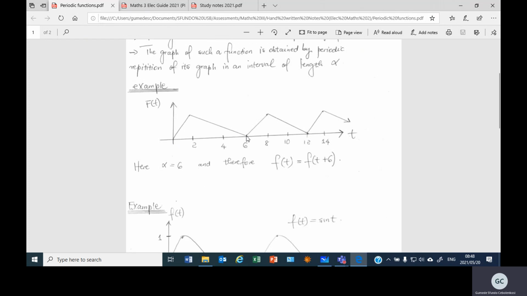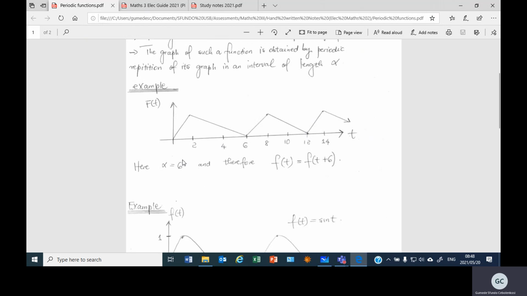So it means after 6 units, the function is repeating itself. So this point here, where f of t is 0, is repeating itself at t equal to 6. And the same point at t equal to 6 is repeating itself at t equal to 12. Probably to do the same thing at t equal to 18 here.